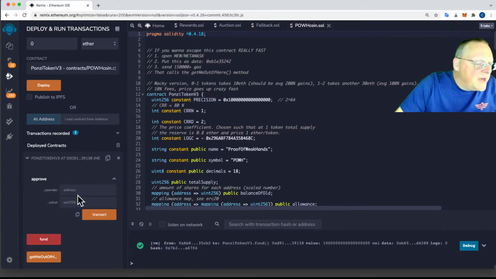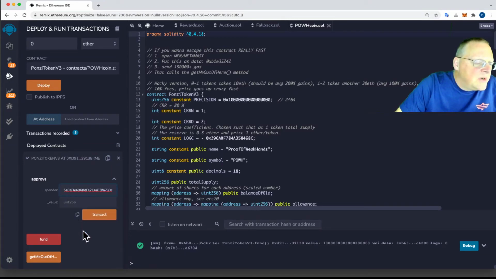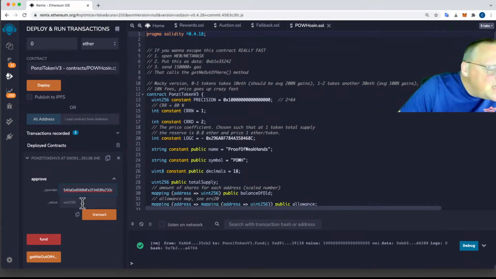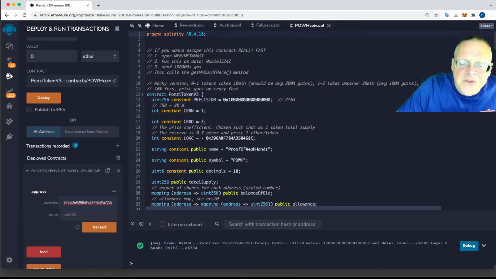And so there is spender and value. The copied address goes into spender. I think it's account number 3, but I think that's the right address anyway. Yes. Let's see, we can go to the start of it. All right.